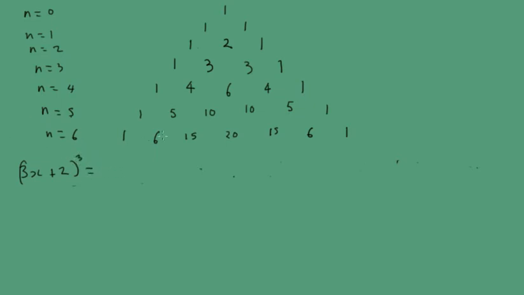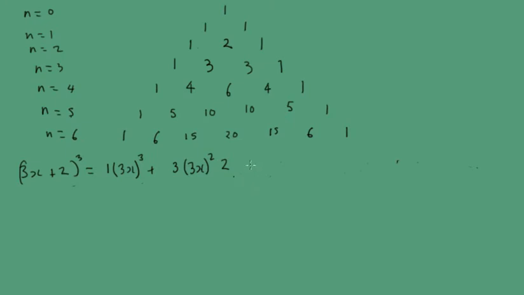So for our cube, we're going to have 1 times, the a expression here is 3x, so we do our 3x, and that's going to be cubed. And then b is going to be 2 to the power 0, so this is 1. Now our next coefficient is going to be 3, and we're going to times 3x squared, and then we're going to times 2.